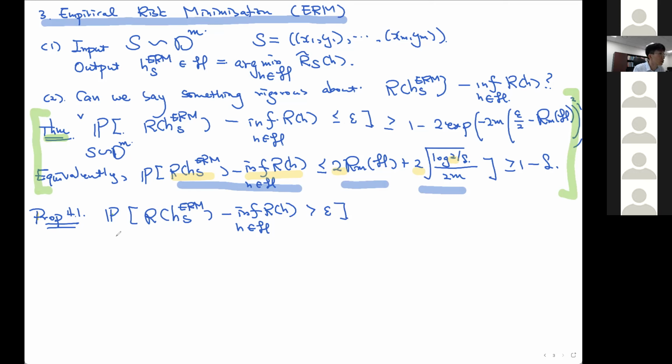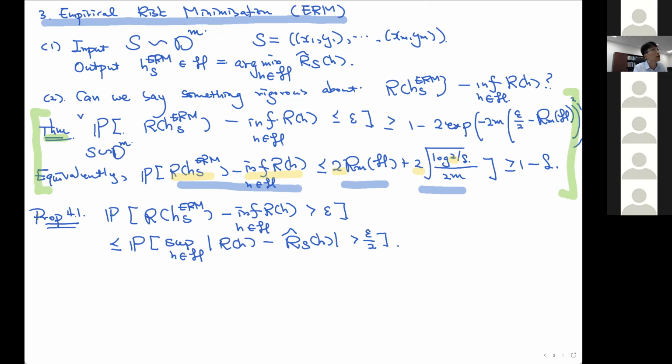This is going to be bounded above by the following: the supremum over H of the difference, meaning the supremum error of the sample-based estimate, is greater than epsilon over 2. So that's the proposition that we're going to prove soon.